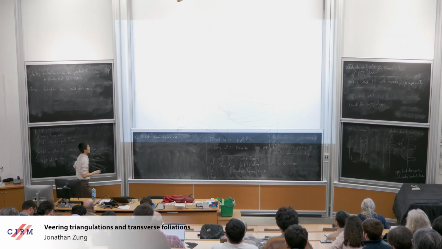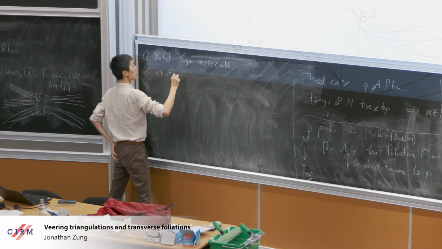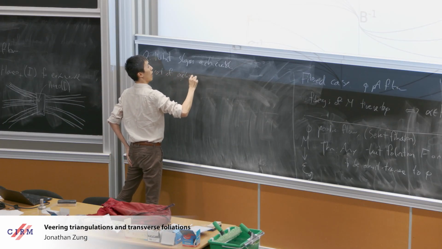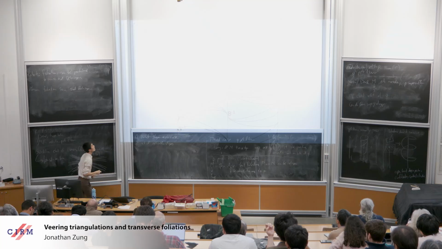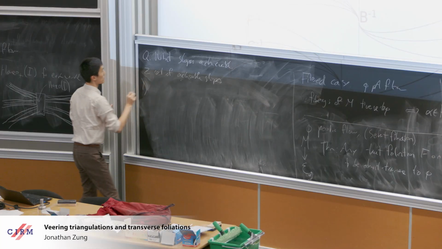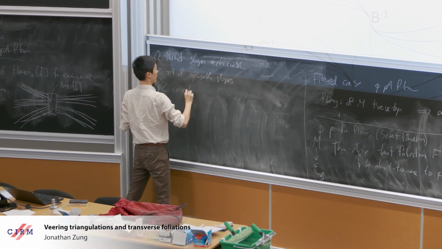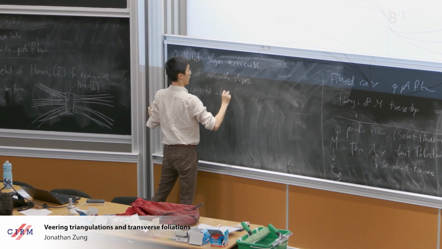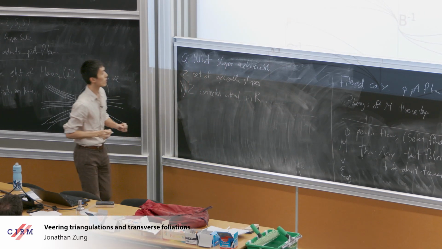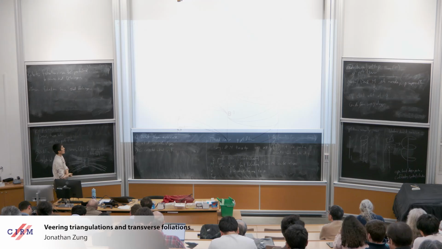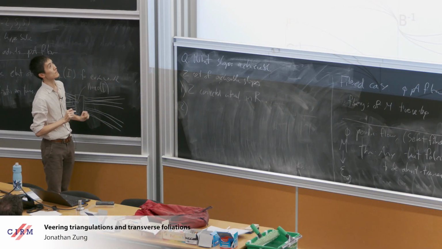Okay, so here are some facts. Let Z be the set of achievable slopes. And so here's fact 1. Z is a connected interval in R. Maybe 2 is specific to this example.